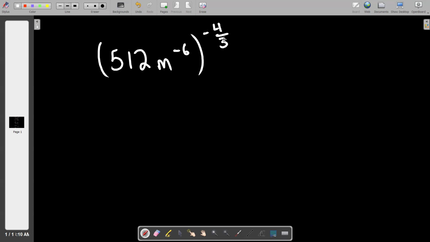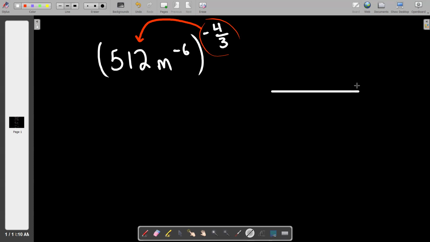And so in a twist, m is going to wind up staying upstairs and the number is going to go downstairs, because we think about how that negative exponent outside is going to impact each of the guys. So the negative exponent is going to take this 512 and make it go down. So again, thinking about laying out the groundwork, the template, I just make a fraction because I know I'm going to need one. And then I've got a place to put everybody that I need.